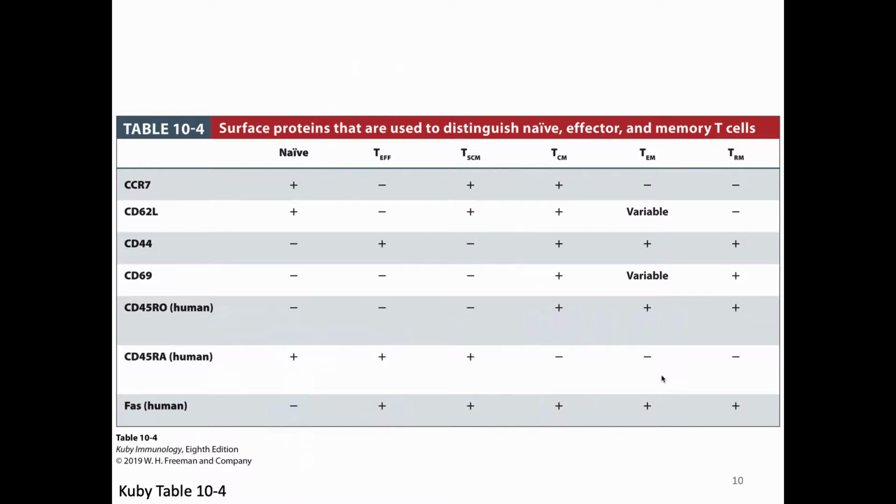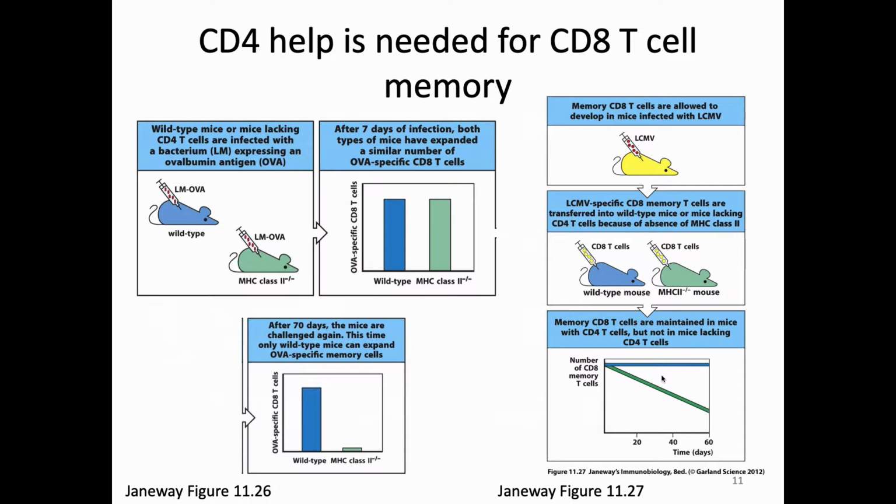One other thing that we know in terms of these memory models is that, for example, if we want to make a CD8 memory cell, one thing that is incredibly important is CD4 help. And so there were two papers that came out at the same time.